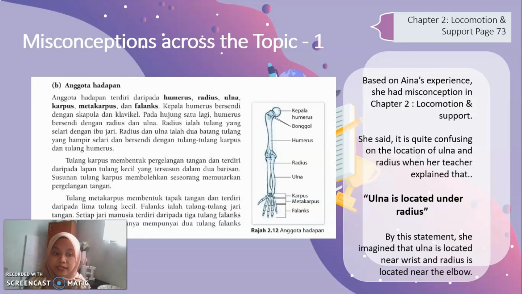By this statement alone, she imagined that the ulna is near the wrist and the radius is near the elbow. And it is wrong. The ulna is not located near the wrist and the radius is not located at the elbow.